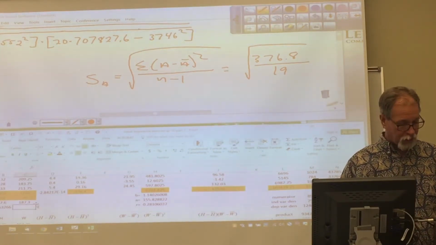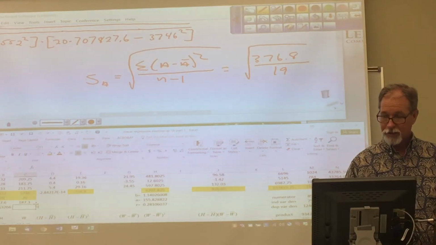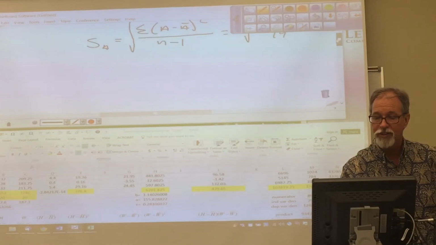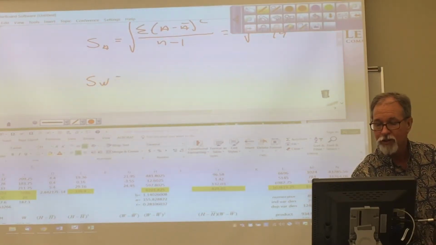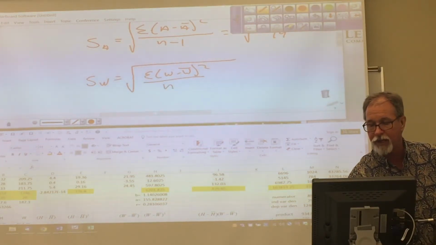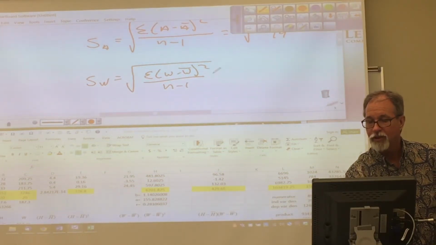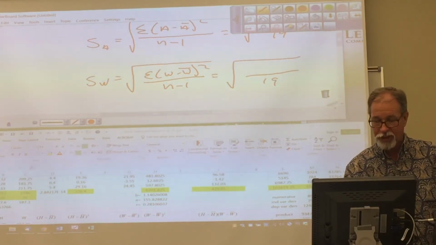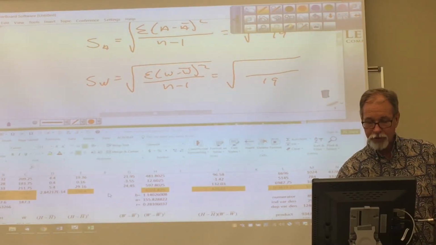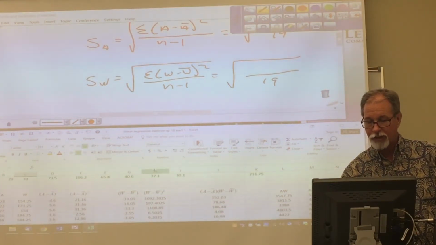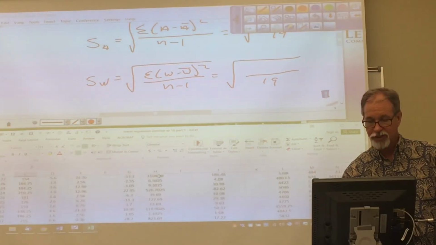And then I'm going to do the same thing for my second standard deviation, the standard deviation of weight, which is the square root of the summation of W minus W bar squared divided by N minus 1, which is still the square root. My denominator is still 19, but W minus W bar squared is in column H, H46.